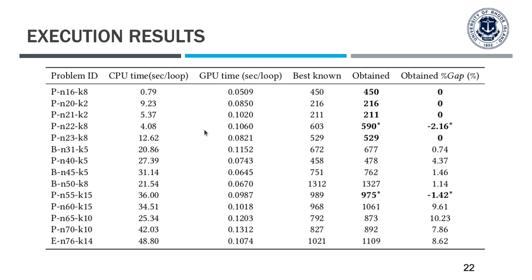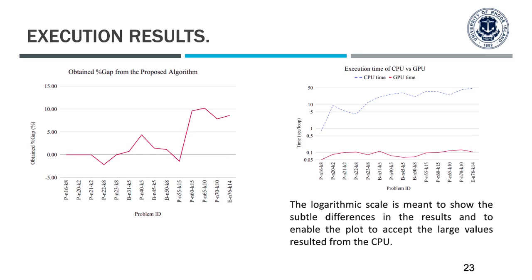The figure on the left side shows the obtained solution quality of the proposed algorithm on the GPU, and the figure on the right side compares the execution time of the CPU and the GPU.